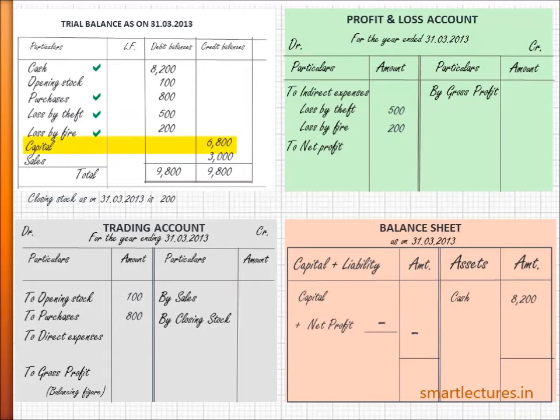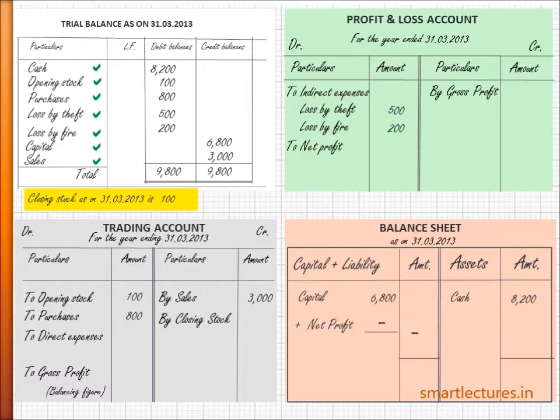Now capital 6,800. It will be taken to the balance sheet in the inner column. Sales, this is a credit item, it will go to the credit side of the trading account. So by sales rupees 3,000. Closing stock rupees 100.